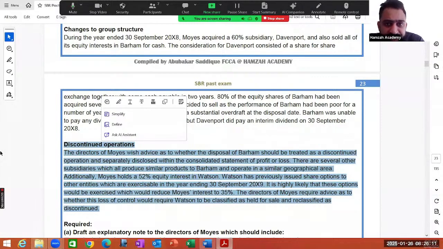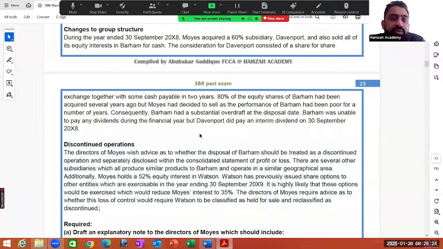So we have two entities. One is Barham and the other one is Watson. Keep in mind, we have sold our interest in Barham, but in Watson company, we haven't sold anything, but due to a restructuring of share capital, our holding has been reduced from 52% to 35%.